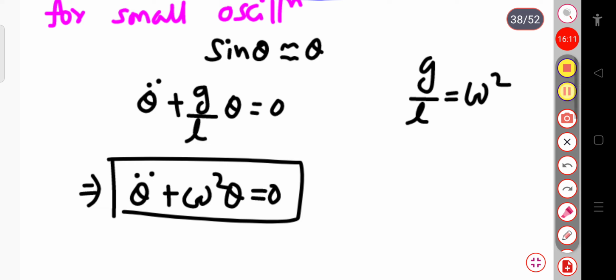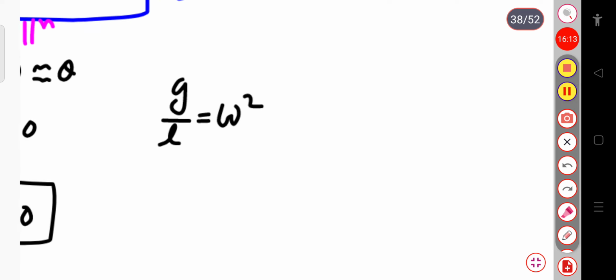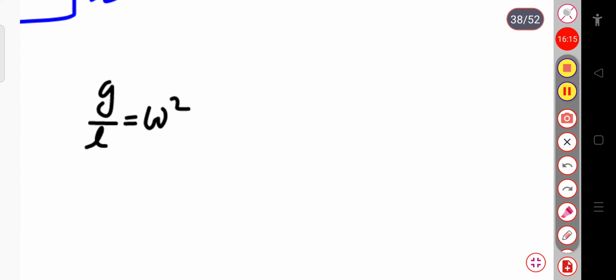Now you also want to calculate the time period. So let us put a subheading, for the time period.